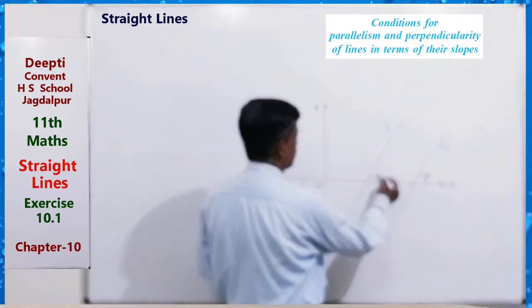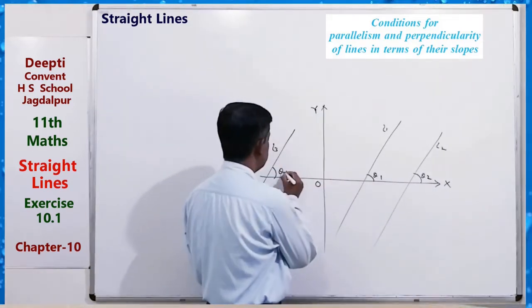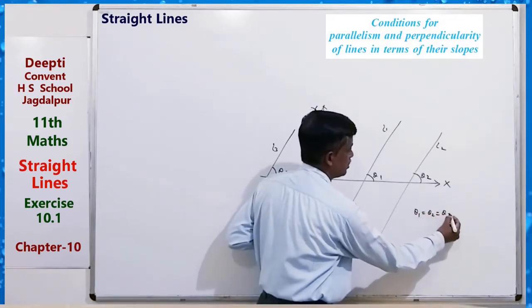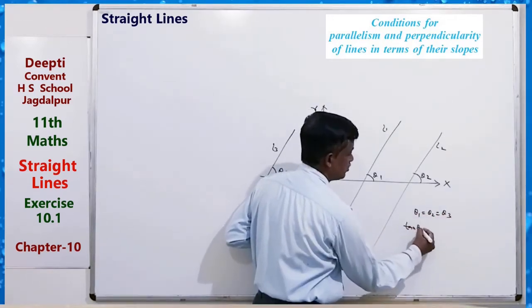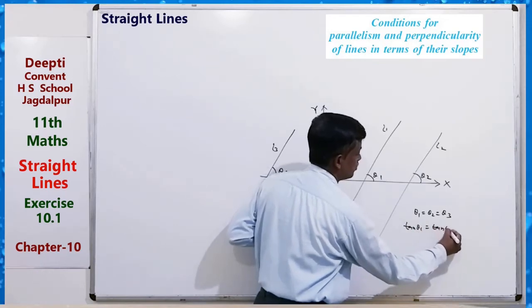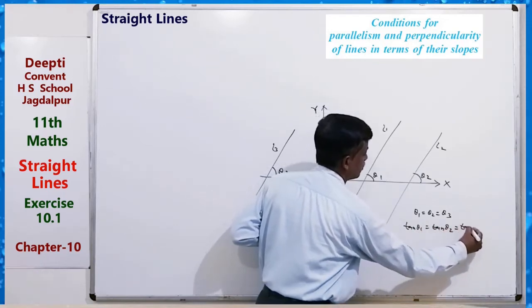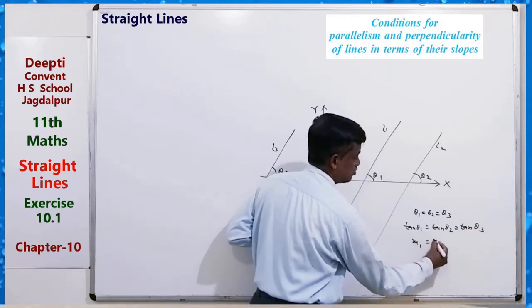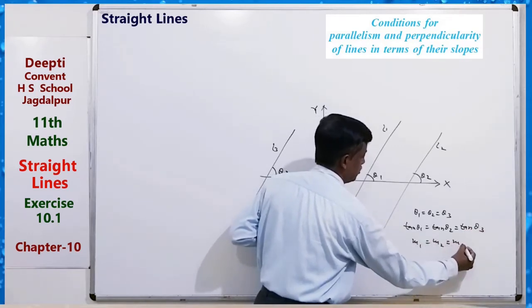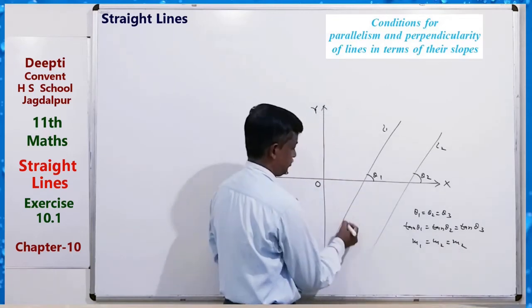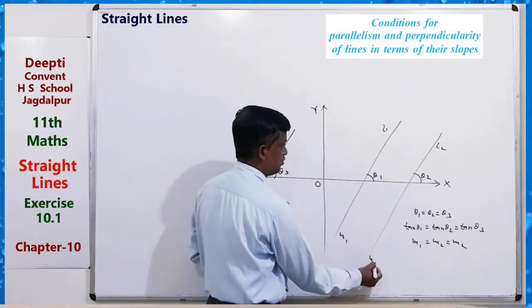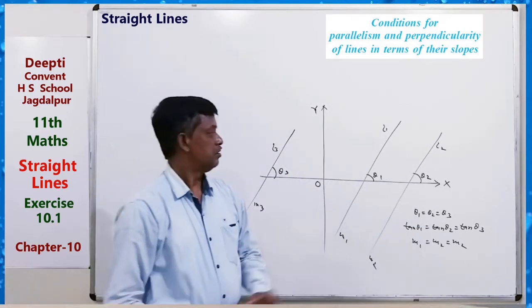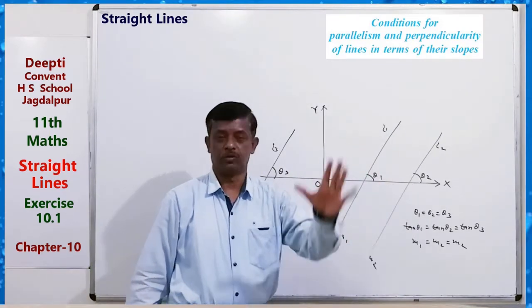That is, theta 1 equals theta 2 equals theta 3, so tan theta 1 equals tan theta 2 equals tan theta 3. That means m1 equals m2 equals m3. All slopes are equal: the slopes of parallel lines are equal.